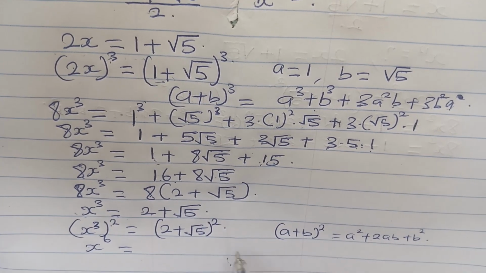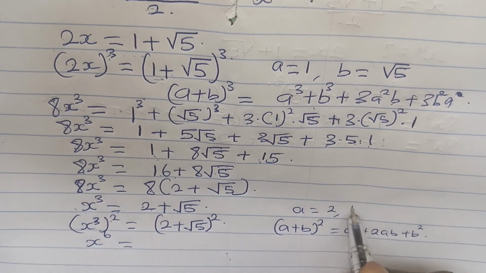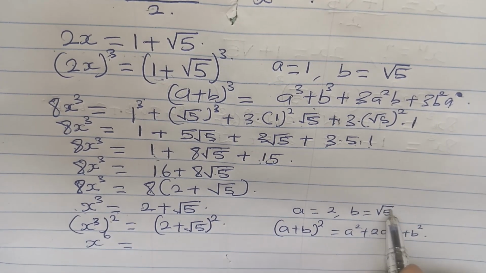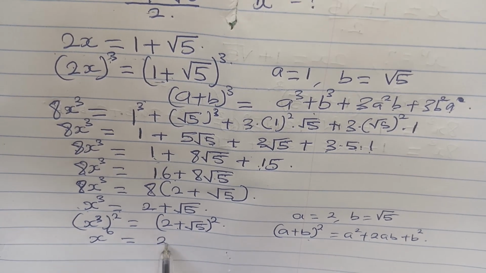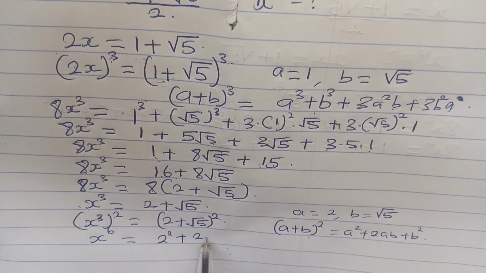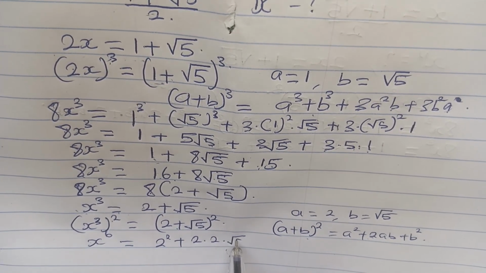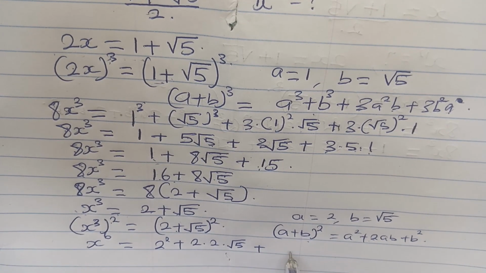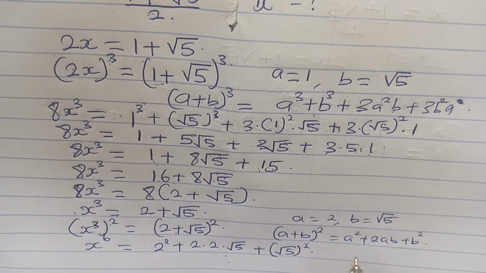So if we put this identity here, where our a is equal to 2 and our b is equal to root 5, we have 2 squared plus 2 times 2 times root 5, plus our b squared which is root 5 all squared.